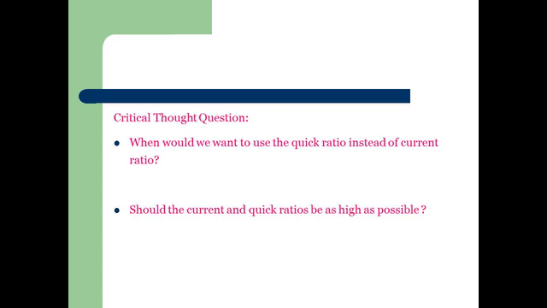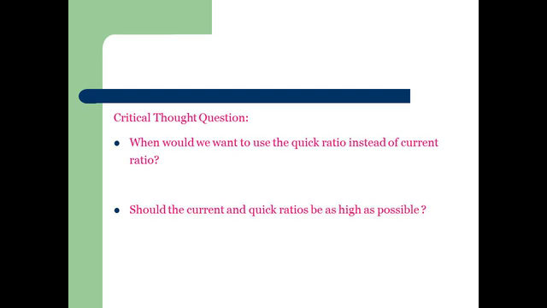Critical thought question: these are two questions which students normally ask and which can come in the exam. Number one is, when would we want to use the quick ratio instead of the current ratio? As I have told you before, the difference between the quick ratio and the current ratio is inventory.